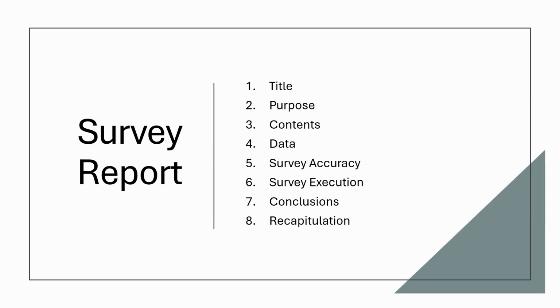And I think there are 8 main parts to a survey report. Those are broken down as your title, your purpose, your contents, your data, your survey accuracy, your survey execution, your conclusions, and your recapitulation or your recap. Those are your 8 primary parts, and let's go into detail on each of these.